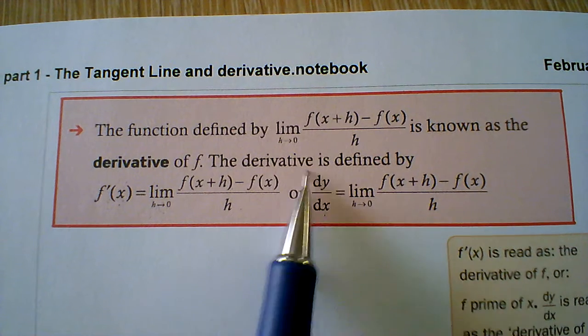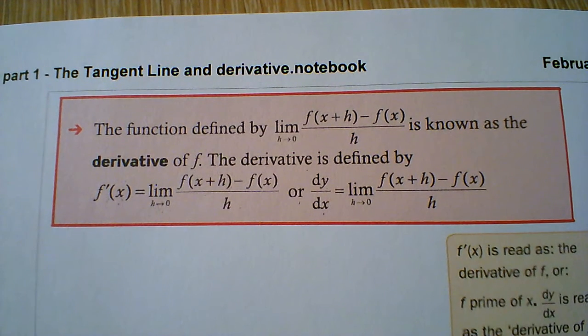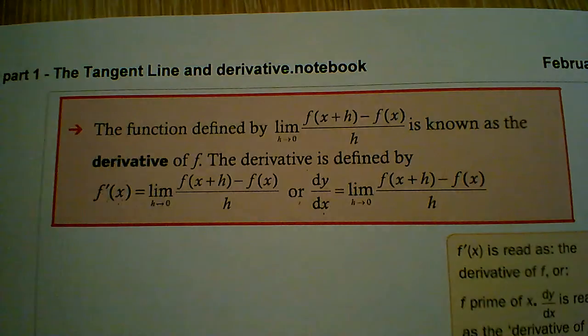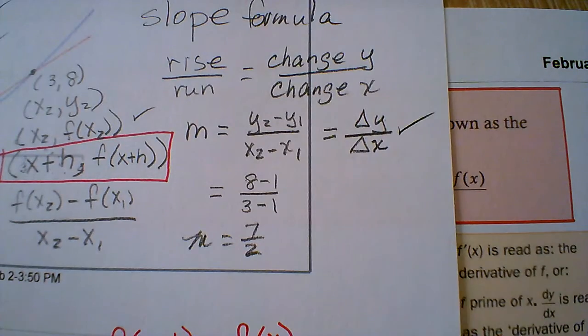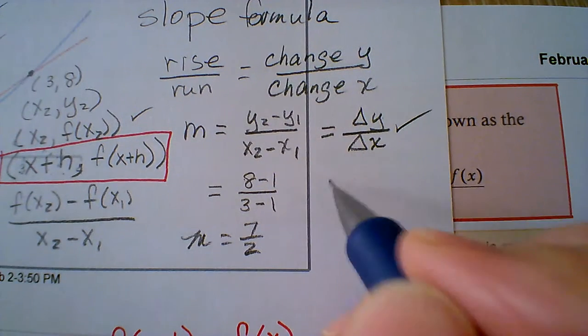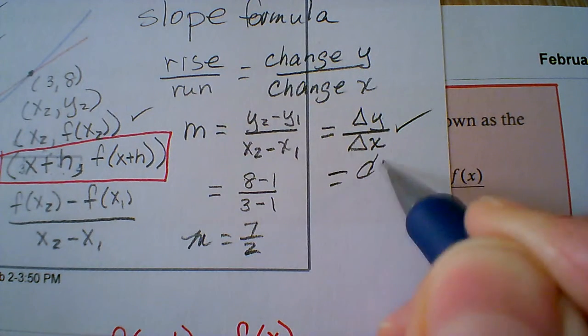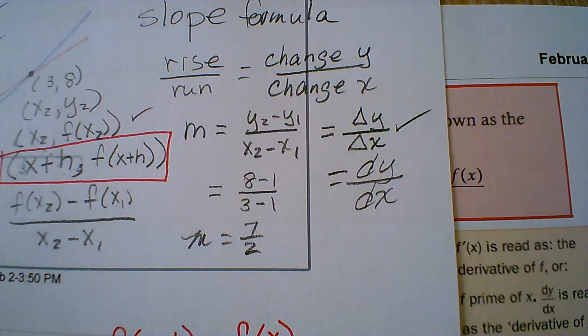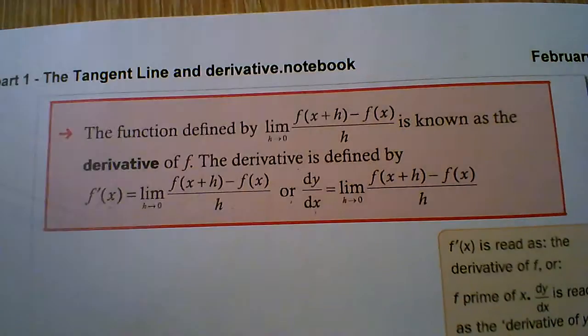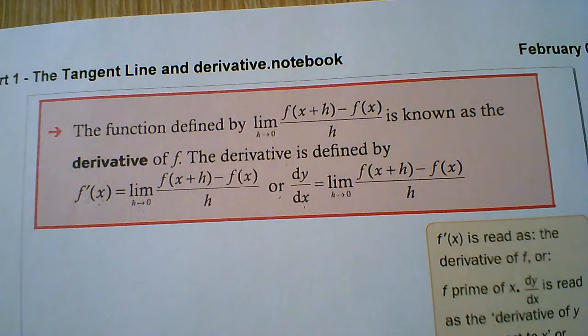Or dy over dx. What do you think the d stands for? No. Delta. Delta. Remember? I said I did this for a purpose. You can also write this as dy over dx. Okay? It all comes full circle.